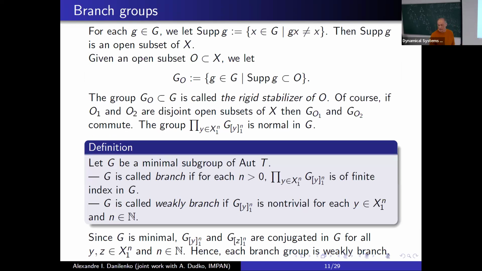So the product is again a group because of commutativity. And then if it is of finite index for every n, where n is the rank of a cylinder, then G is called branch.